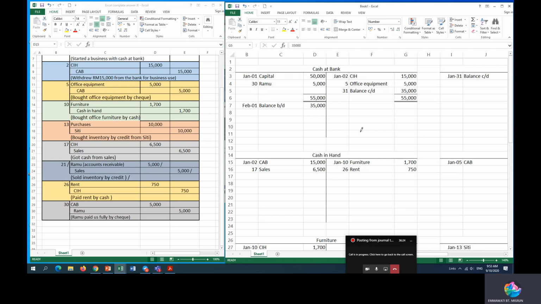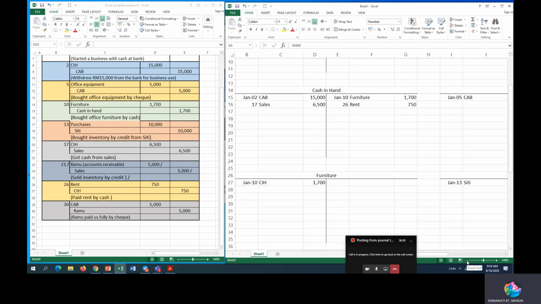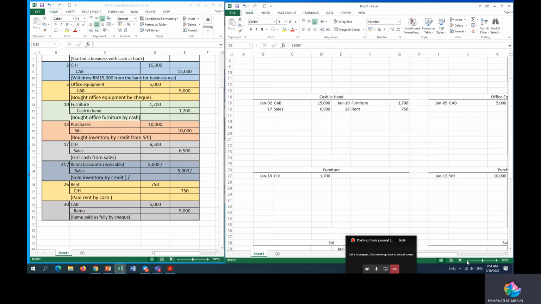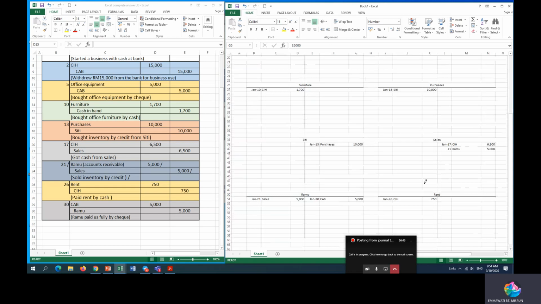You're going to follow the same procedure in closing your accounts. Every account needs to have a balance C/D. But for this special case, an account that has no balance C/D, like Ramu's account, this is my Ramu's account.